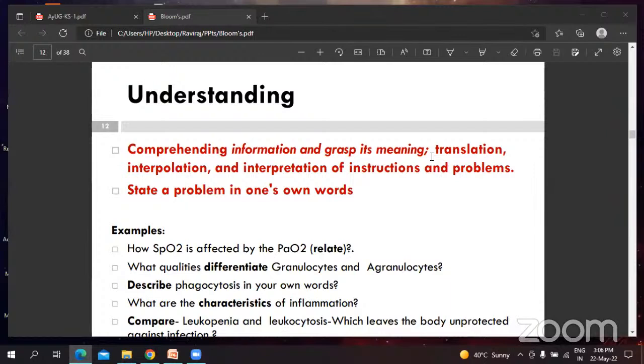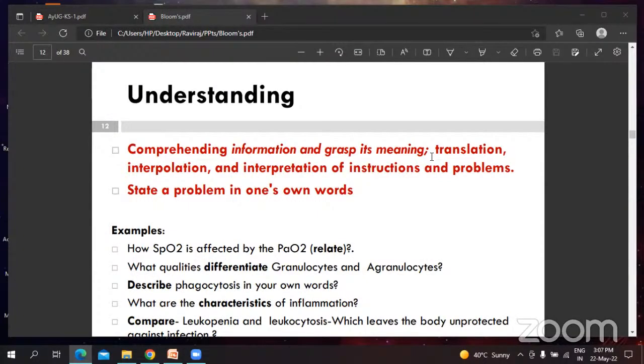And after understanding the process, you will have to state that process or problem in your own words, right? So that diagnosis will be different for you, and that interpretation of diagnosis will be different for the patient, right? So what you are doing at this level, you are understanding the things.